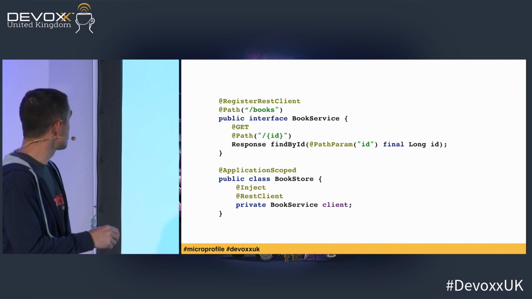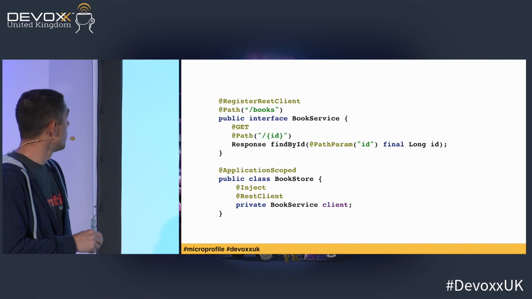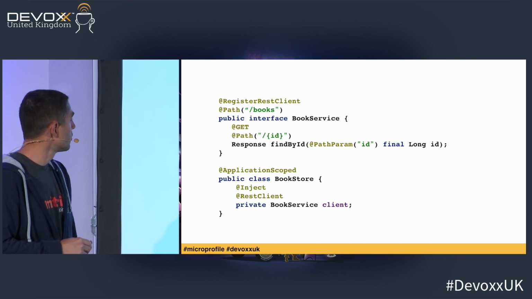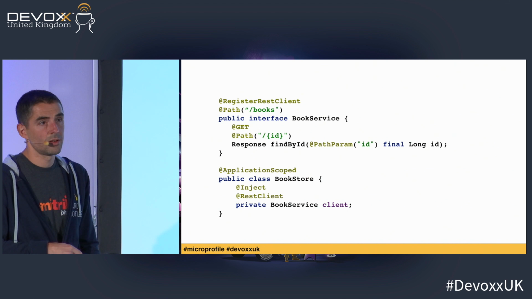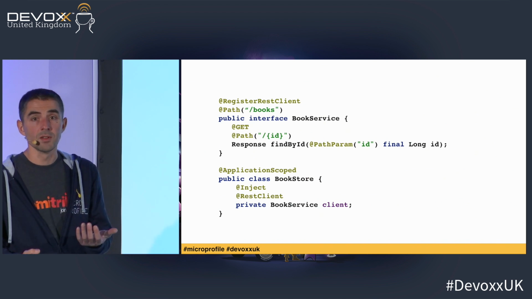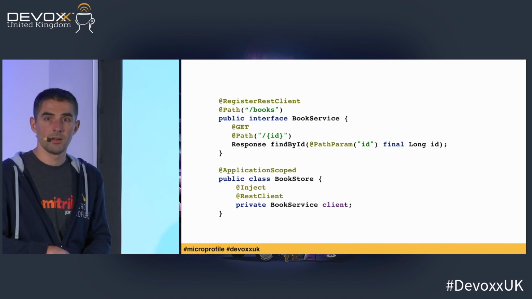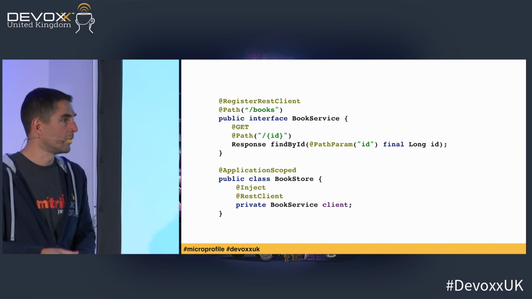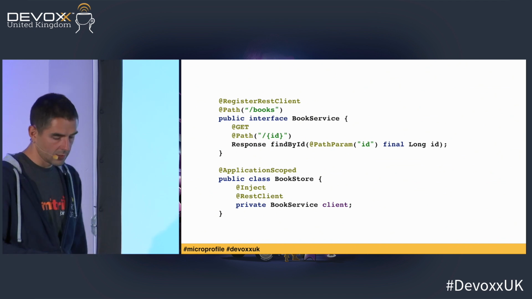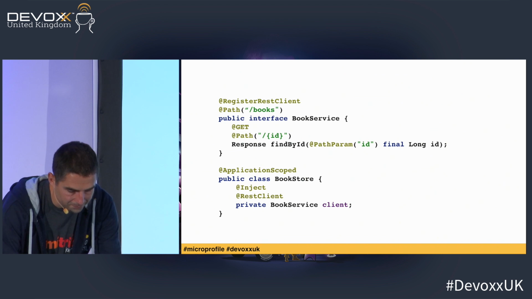And then on the client side, when you want to use this remote microservice, you're going to be using Inject as usual, and then RestClient. And you only specify the interface, and the REST client is going to generate the implementation for you under the cover. And it will deal with all the network and the serialization stuff.